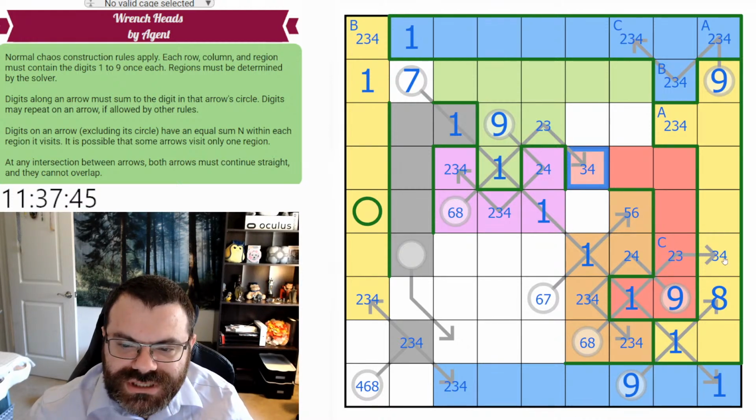Row 6, column 9. This does see A and C, so this is B. So that's A. So actually we know A is... Well, let's finish this up. So these are from BC.